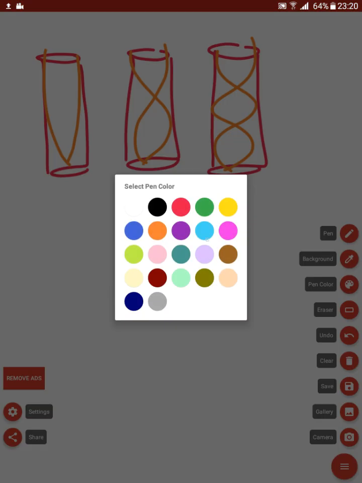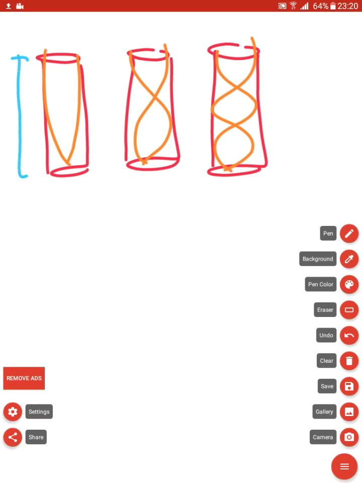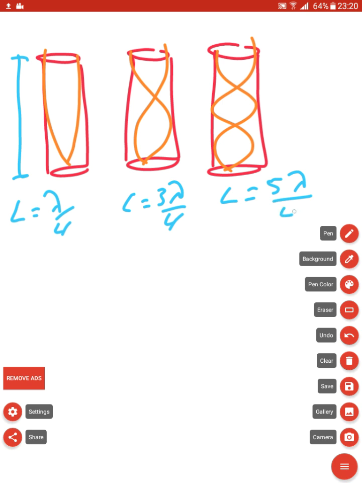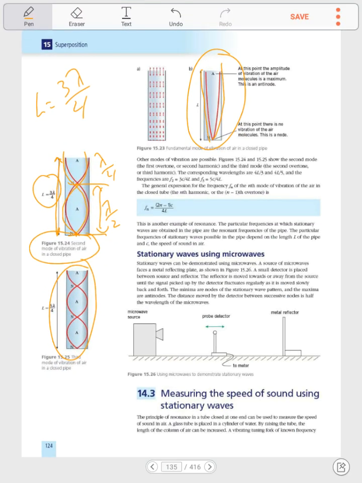Now, here L equals lambda over 4. Here L equals 3 lambda over 4. Here L, which is the length of the tube, equals 5 lambda over 4. As you see here, this is a quarter of a wavelength.